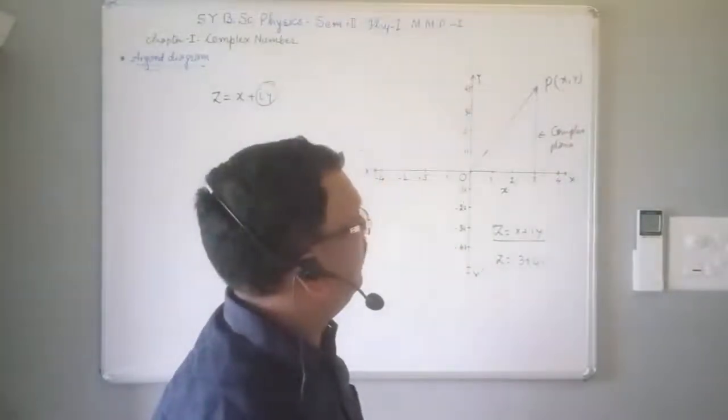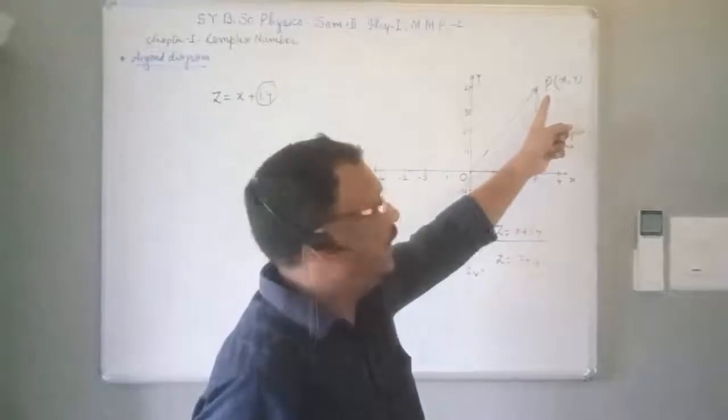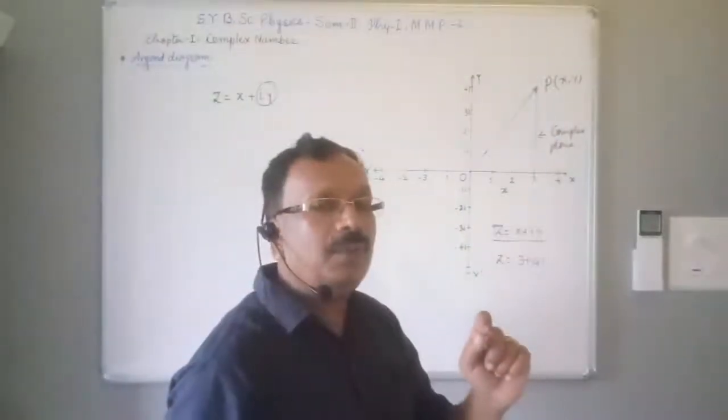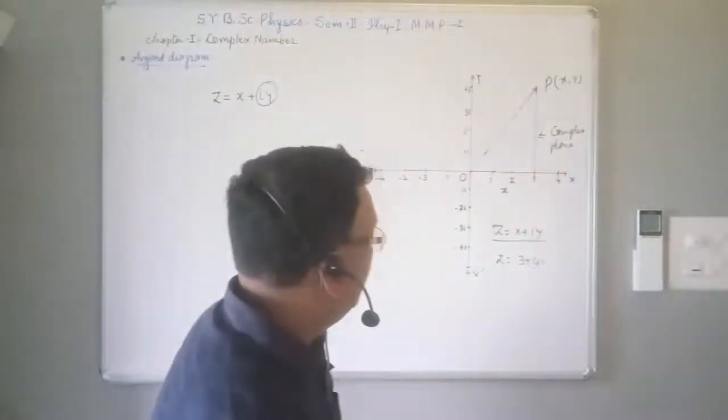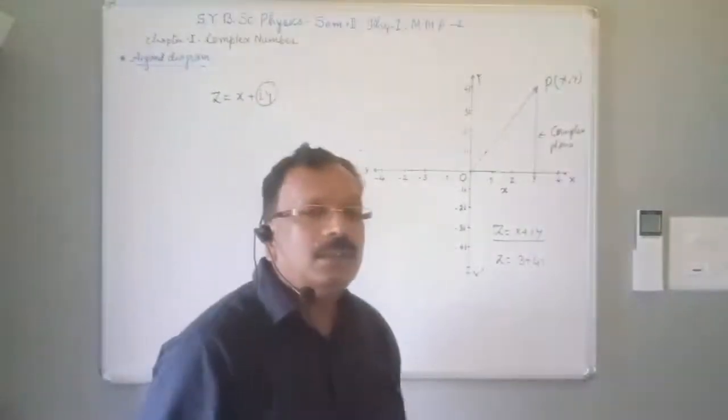One thing should be remembered, that on a complex plane any point can represent one and only one complex number. Then what is the application or use of this Argand diagram?